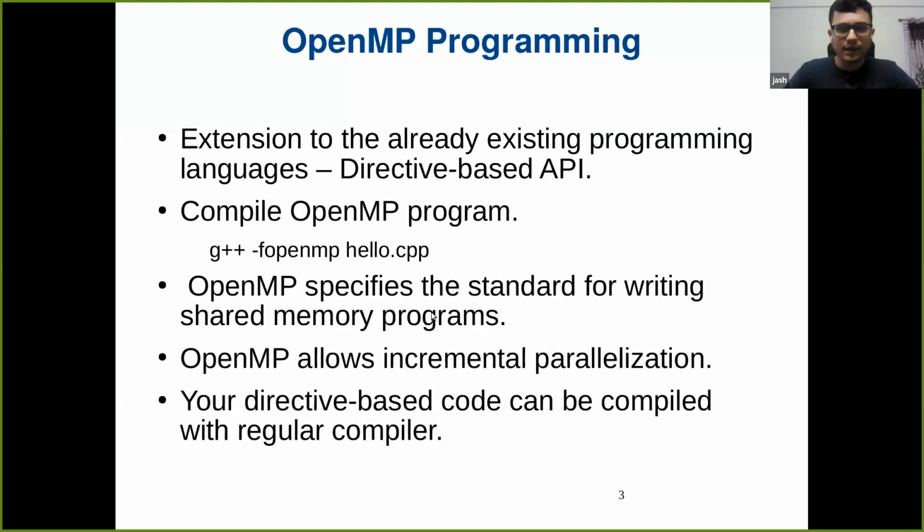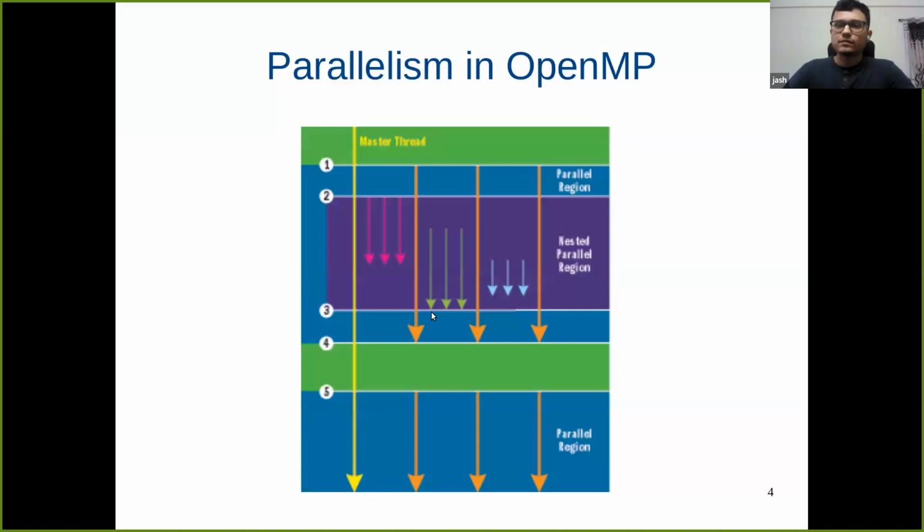Okay, then let us move ahead. Let us see how parallelism works in OpenMP. In OpenMP, your program starts with something called the master thread. Program execution begins with the master thread, and this master thread will spawn a team of threads when it hits the parallel region.